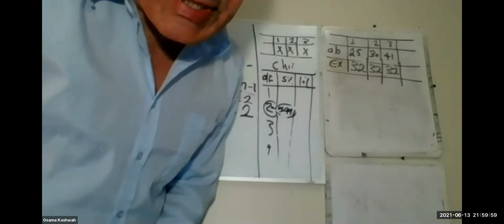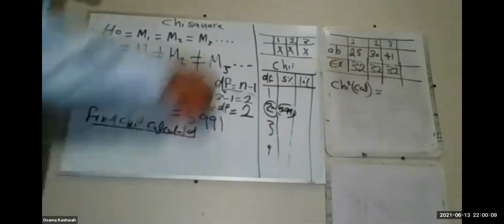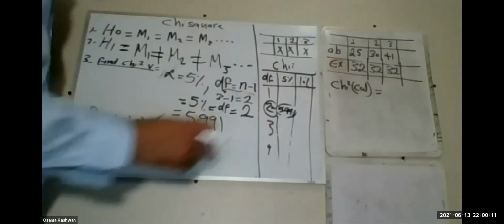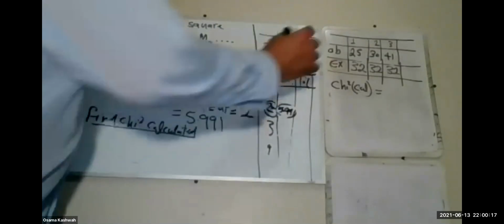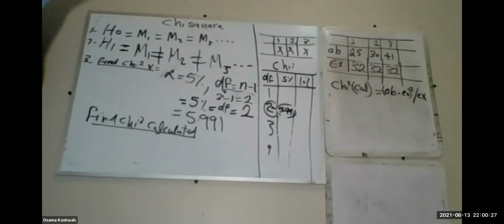So to get chi-square calculated, the chi-square calculated will equal the observed minus the expected, all squared, divided by the expected, and so on.